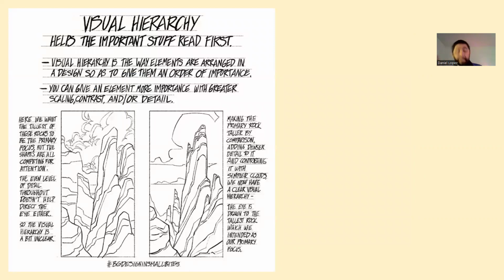Visual hierarchy. I don't like the writing here. It's hard to read, but basically the visual hierarchy here is on the left-hand side, here's some cliffs and some clouds, but you can see it's kind of cluttered because there's a lot of detail in the clouds. Whereas here, there's less detail in the clouds, and it makes these little rock formations stand out a little bit more.